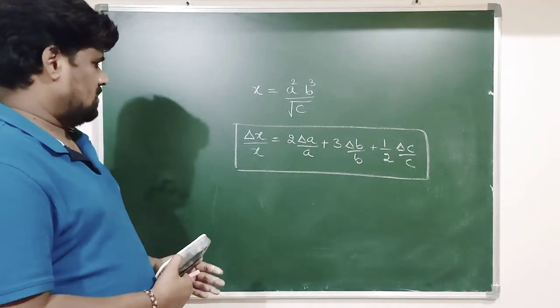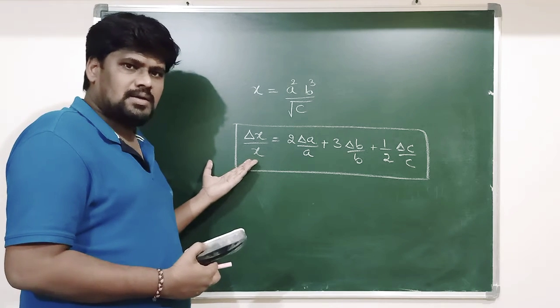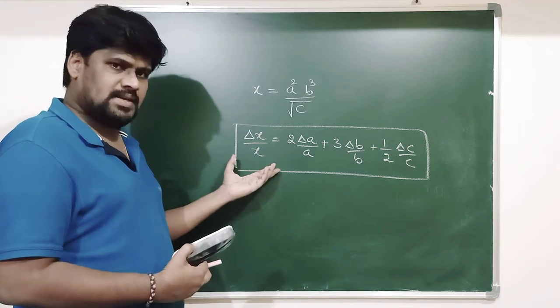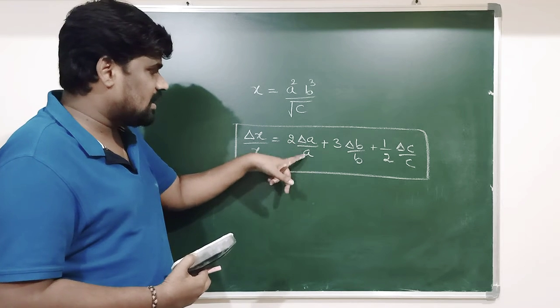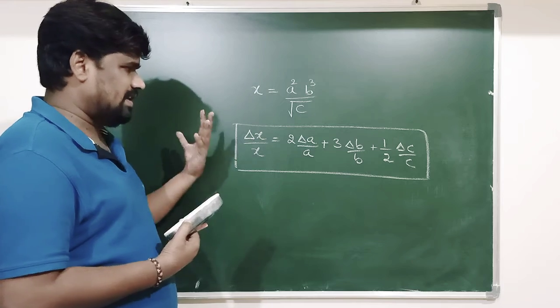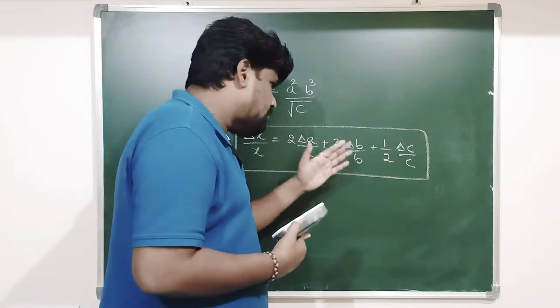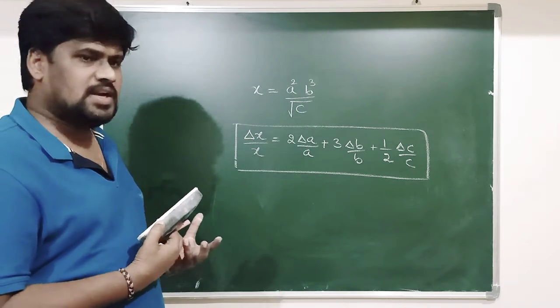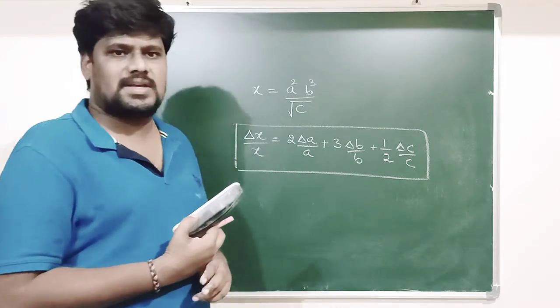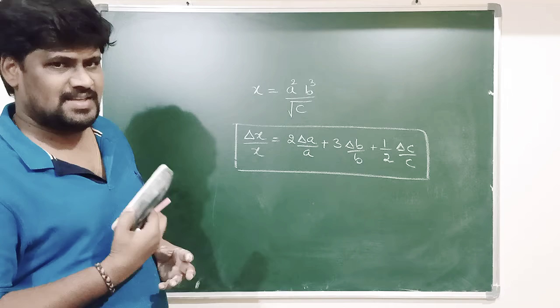So this is also called the fractional change in x, and delta a by a is called the fractional change in a here. Delta b by b is called the fractional change in b. Delta c by c is called the fractional change in c.